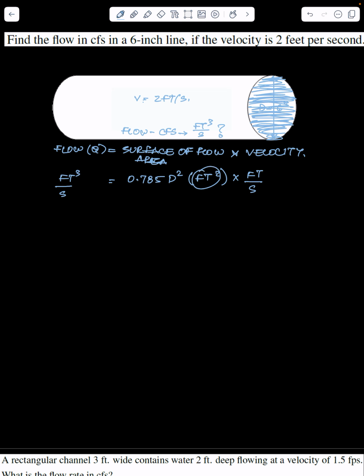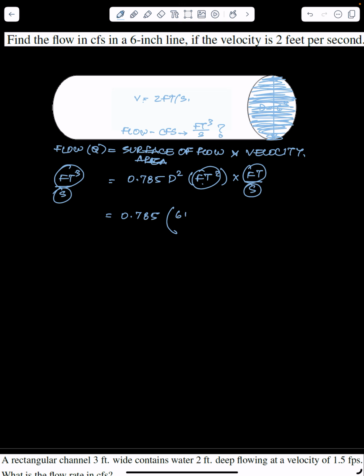So the feet squared times feet is going to give you the cubic feet, and the seconds is in the denominator. So when we plug in these values, you get 0.785 times. Now we need the area to be calculated in square feet, but the diameter is given in inches. So we need to convert the diameter from inches into feet.